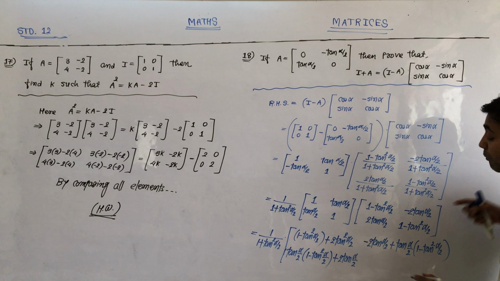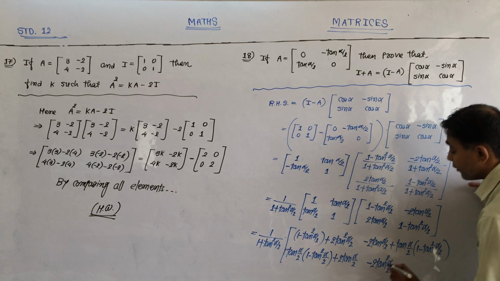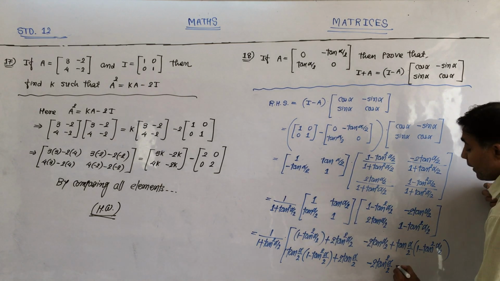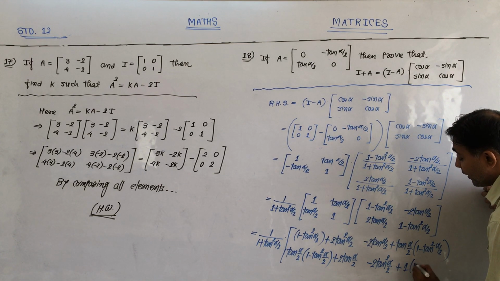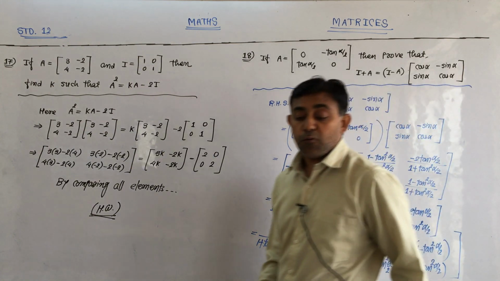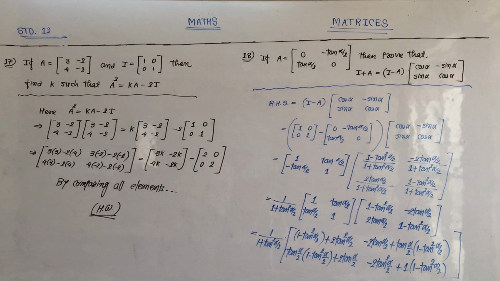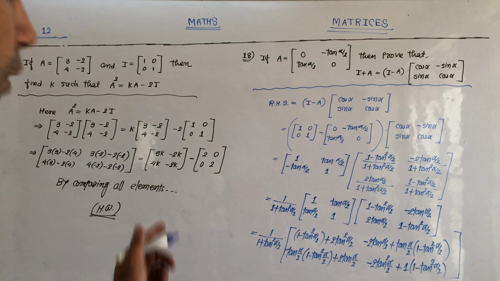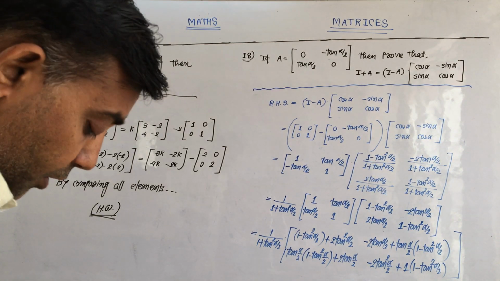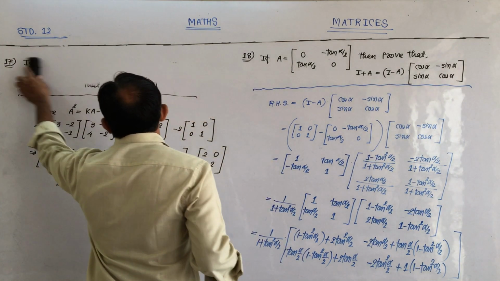And here, second row, second column: minus 2 tan square alpha by 2 plus 1 into 1 minus tan square alpha by 2. So here we have to play with trigonometric formulas. Now just expand it and try to find the right answer. Let us solve here now.